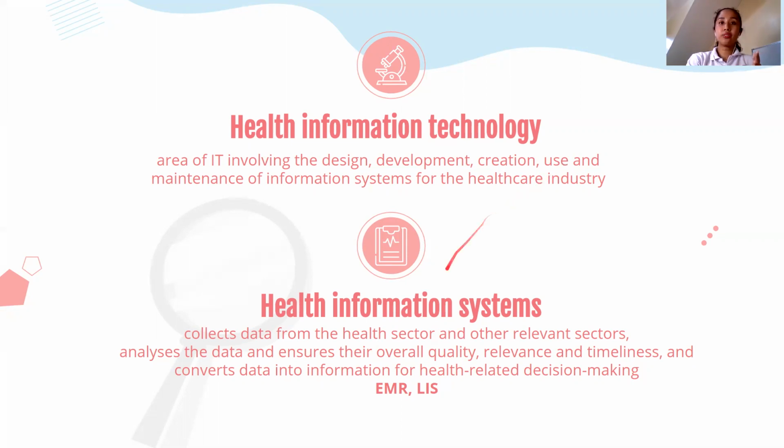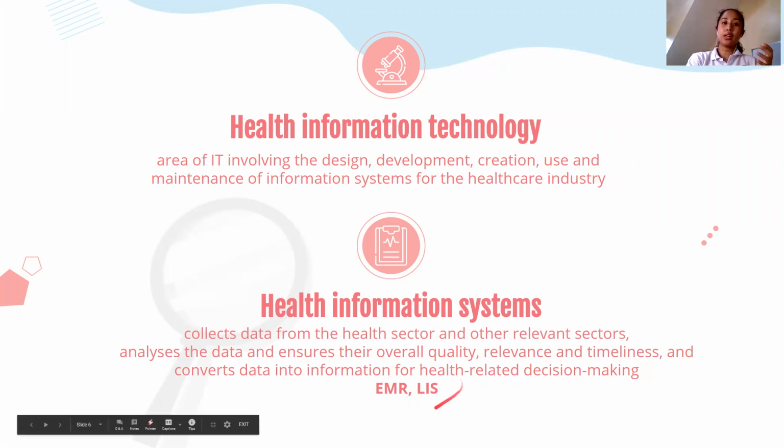We have health information systems. These are systems which can be bought by an organization, by DOH, by the hospital, by the laboratory. It collects data from the health sector and other relevant sectors, and it analyzes your data for health-related decision making. Examples are your EMR and LIS.